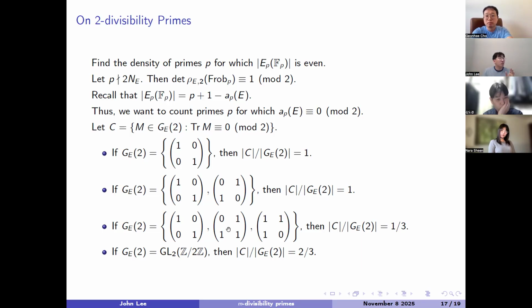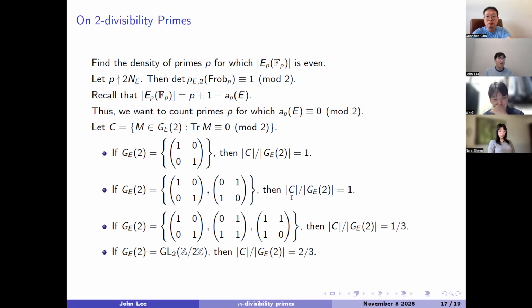Just bring some concrete matrices. So if G_2 has only 1 element, fixing all the rational 2-torsion points, and fixing all 2-torsion points, then there's only 1 element, and that element has trace 2, which is even. So the density becomes 1. That is, every prime makes |E(F_p)| even. If G_2 has 2 elements, you see their traces are again both even.